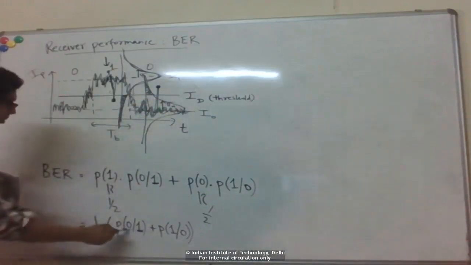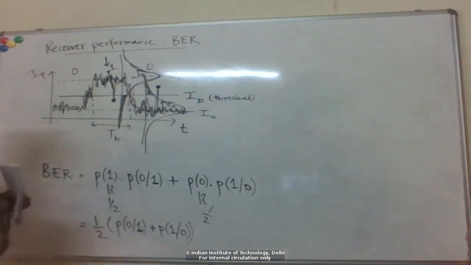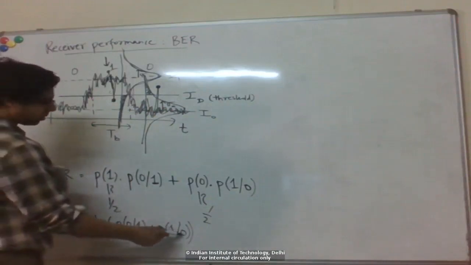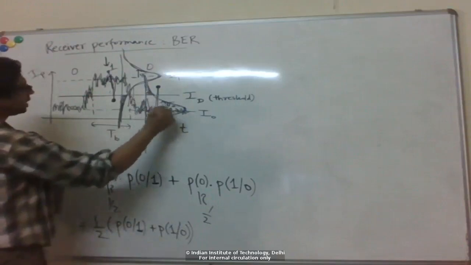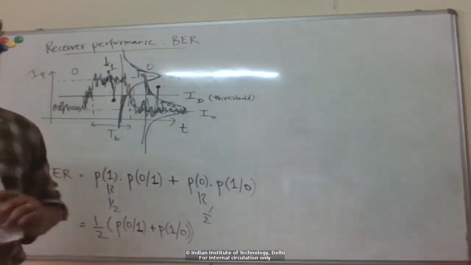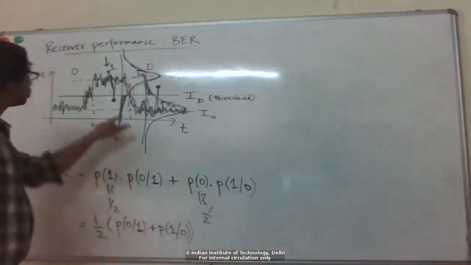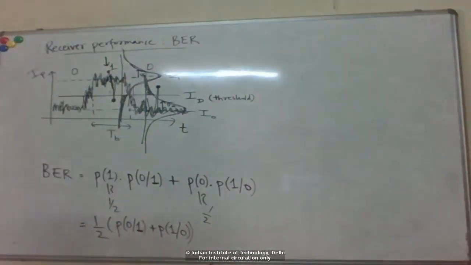So this probability is basically the area of this portion of the curve. Similarly, the probability that I detect 1 given 0 was sent is the area of this curve for bit 0 above ID. So it's just a matter of computing these integrals, which give a probability.